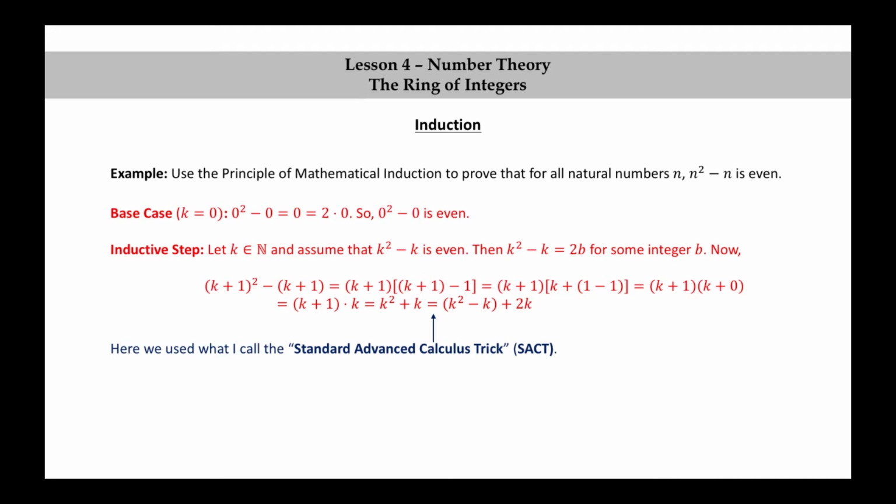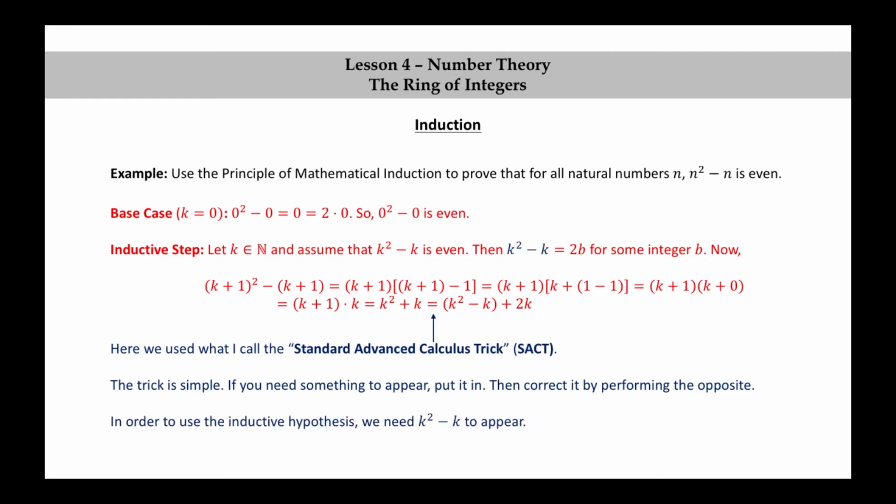I call it that because I first noticed this trick being used over and over again when I was taking an advanced calculus course, but the trick itself is used in all branches of mathematics. The idea behind the trick is very, very simple. If you need something to appear, put it in, but then correct it by performing the opposite.